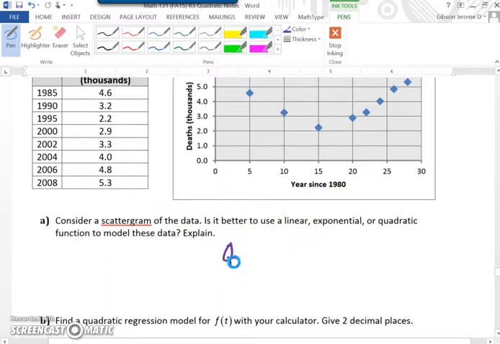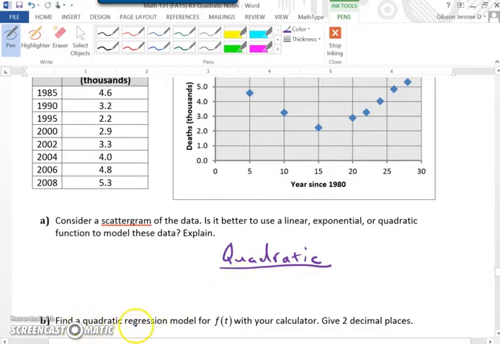And it's because, if you notice, the graph goes down and then goes up. So you can write that down. That would be your explanation for quadratic.